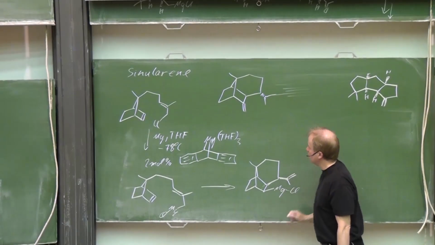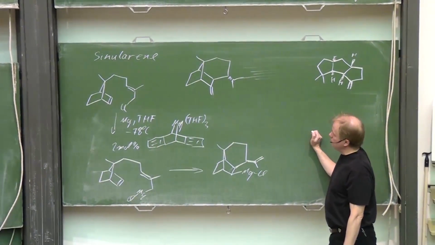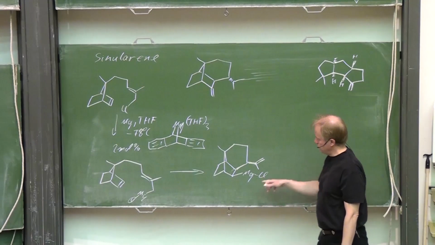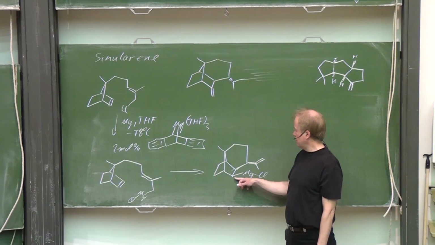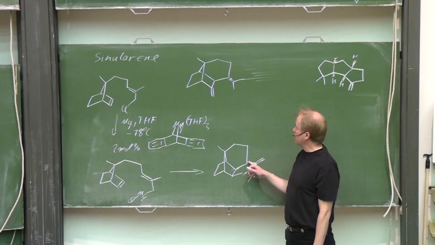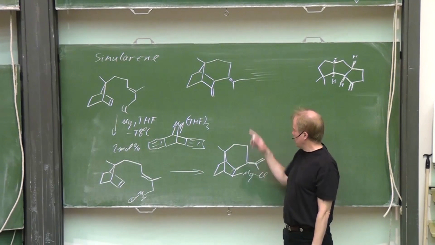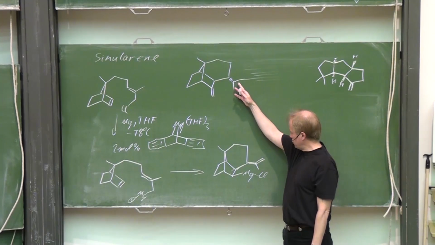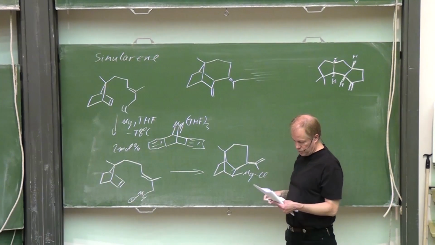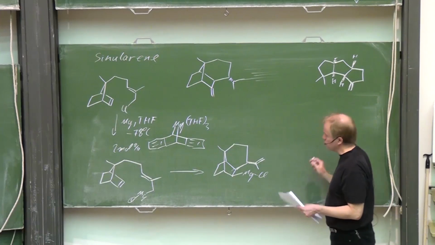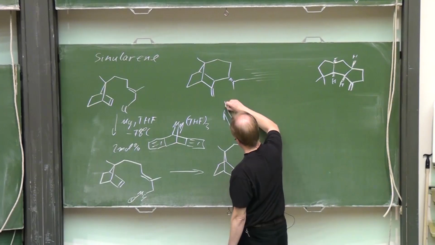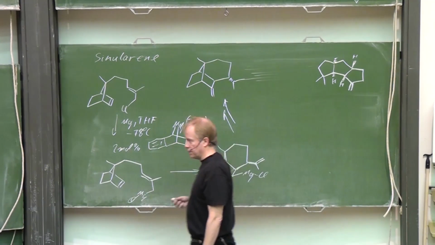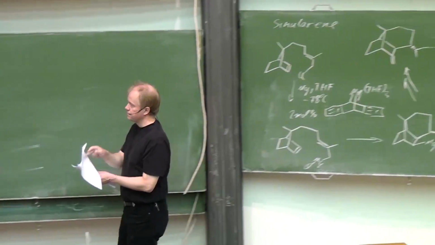Well, the carbon skeleton is almost set up. We need a 1 carbon component, maybe simply formaldehyde here. On the other hand, an isomerization from the endo position to the exo position of the isopropyl group has to be achieved. Okay, that needs a couple more steps, but I think the principle is clear.